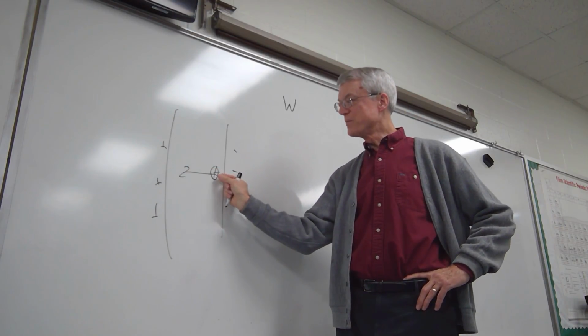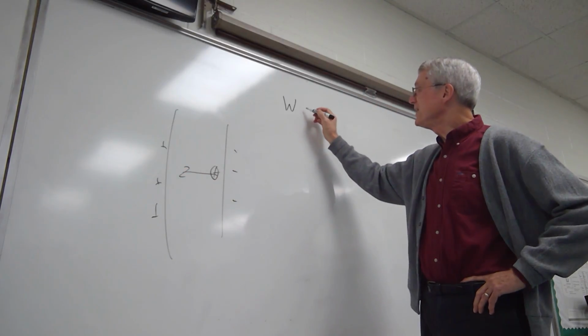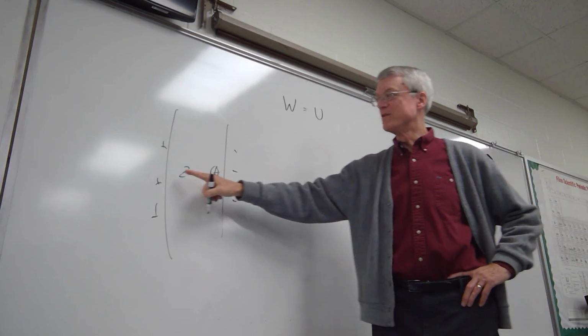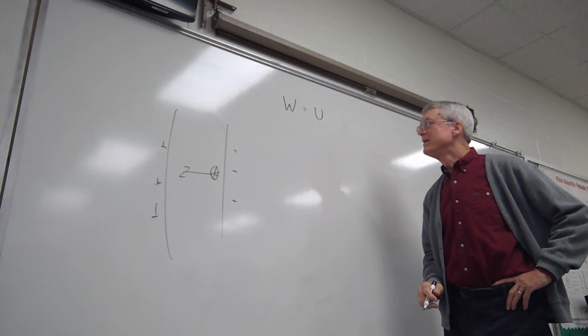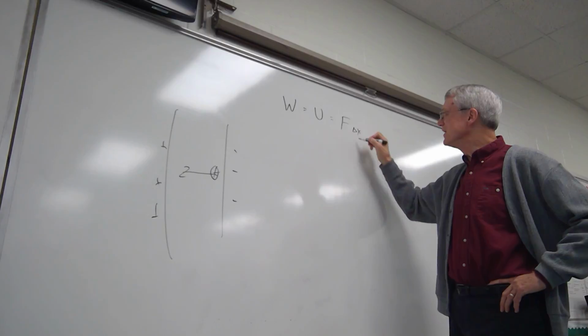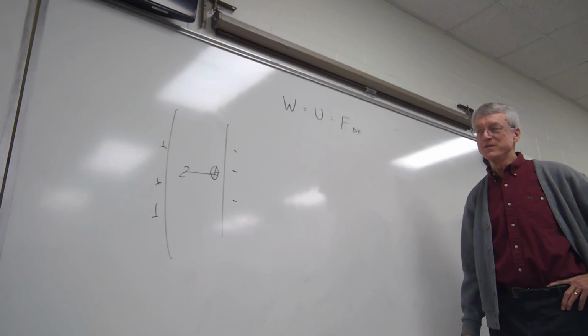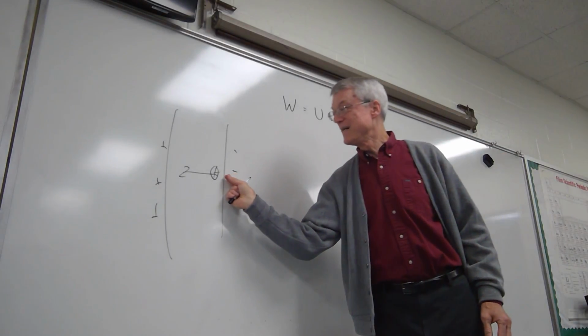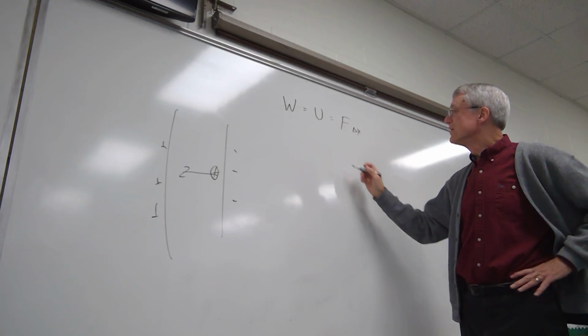So you do some work by pushing it. That's equal to its potential energy when it gets over there. We've already talked about that. Well, if that's true, then that's equal to force times distance, isn't it? That's what work is equal to, the amount of force we had to push with times the distance we pushed it.